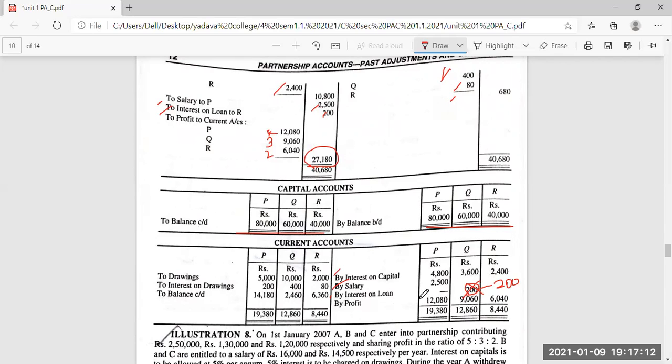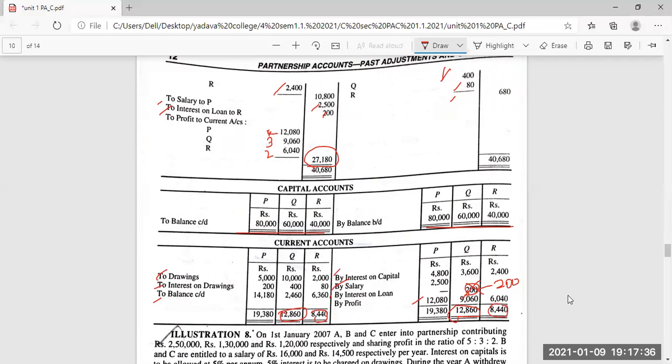So by profit, P is 12,080, Q is 9,060, R is 6,040. Now we move on to drawings, interest on drawings, to balance. There is a difference in Q and R calculations because 200 is moved on to R.